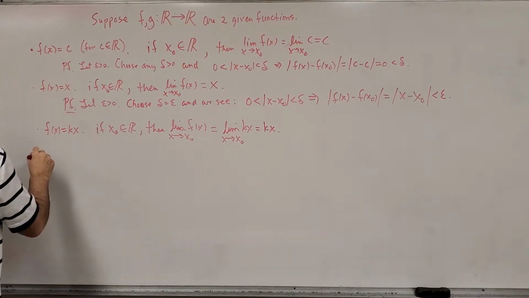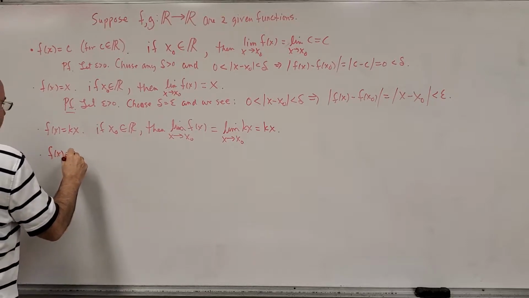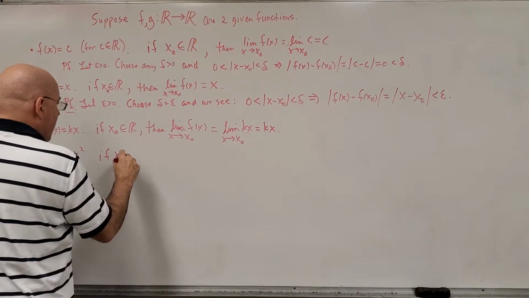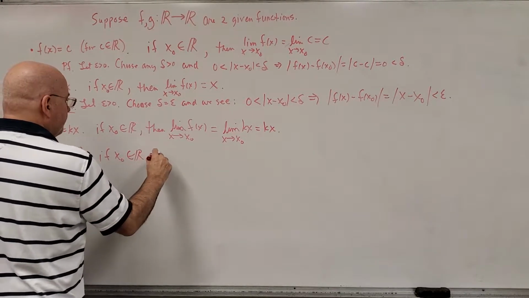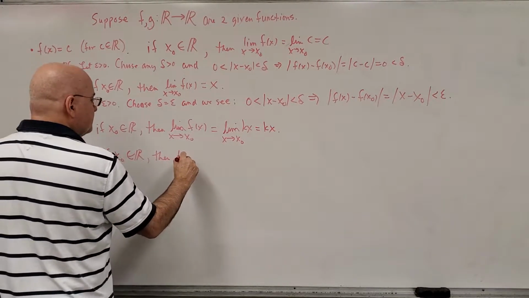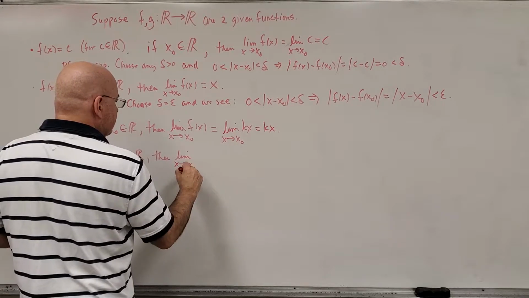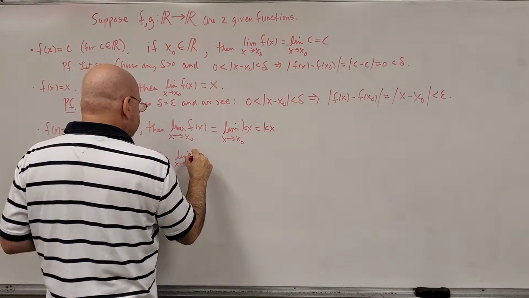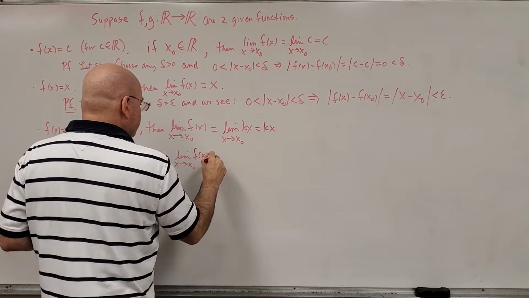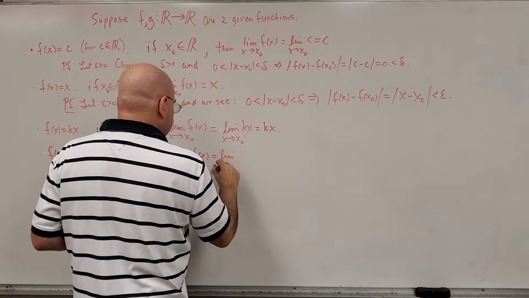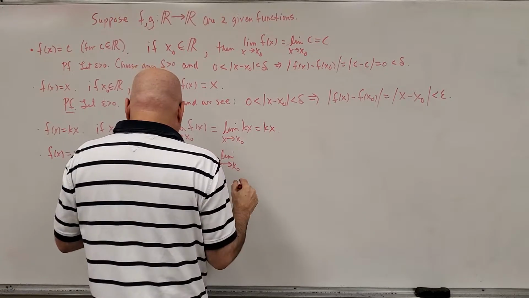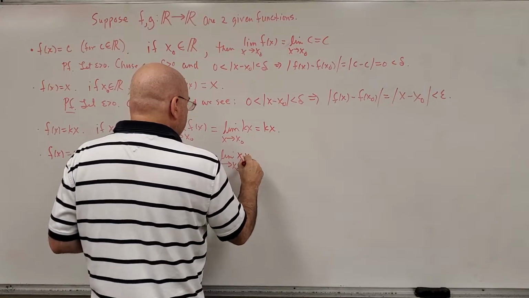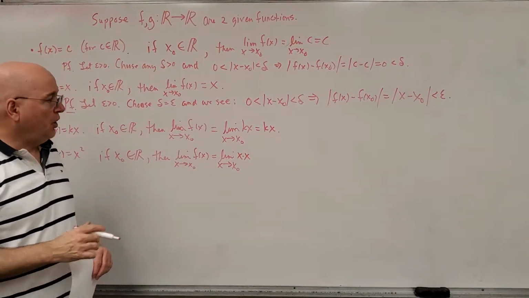The next one, f of x equals x squared. Well, if x naught is any real number, then the limit as x goes to x naught of f of x is equal to the limit as x goes to x naught of, I'm not going to write it like x squared, I'm going to write it x times x.